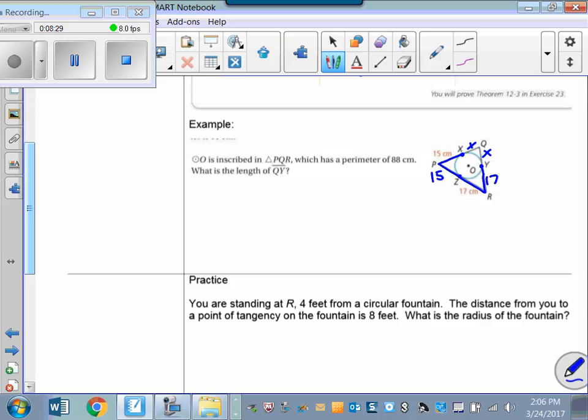And now I'm just going to add all that up and set it equal to 88. So 15 and 15 is 30, 17 and 17 is 34. So I got 64 there. And the other two pieces of that triangle would be x plus x, which is 2x, and I know the whole perimeter is 88.